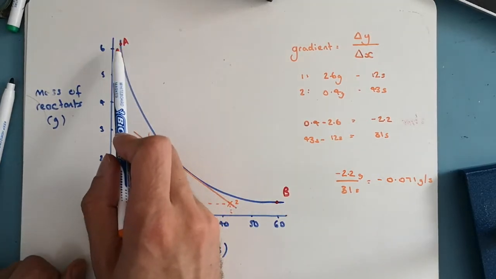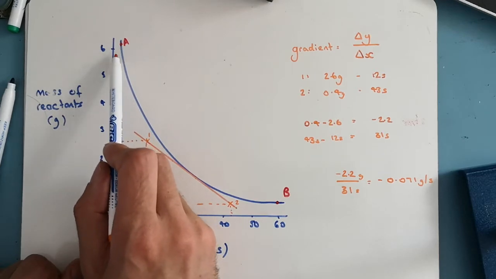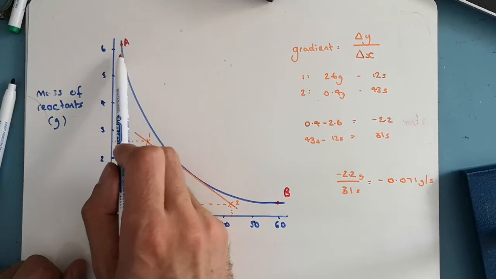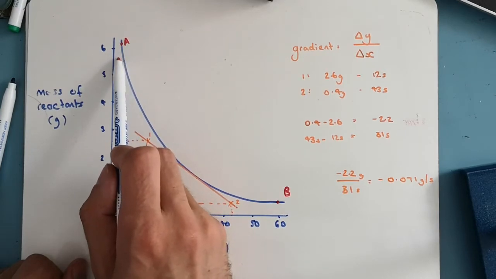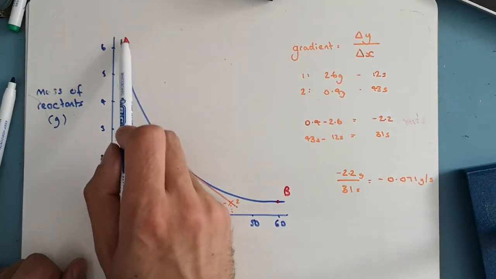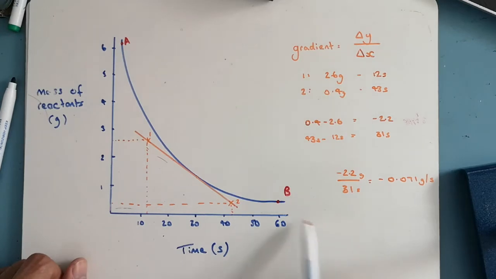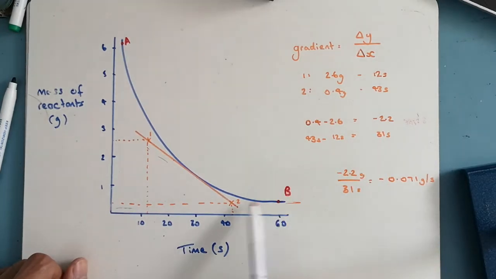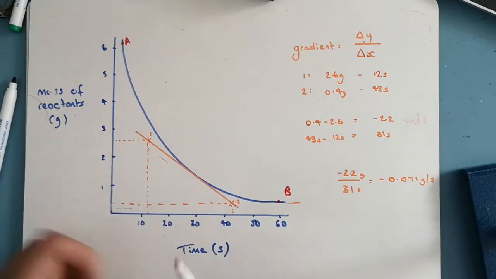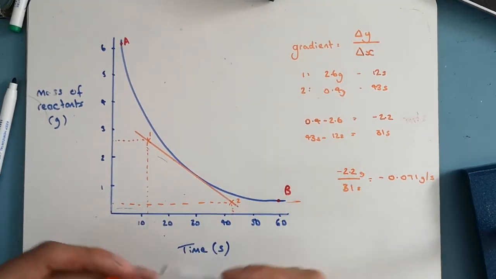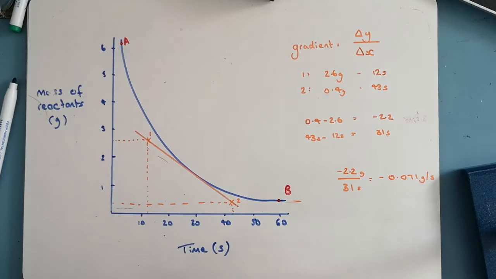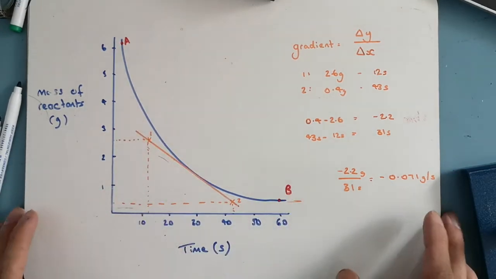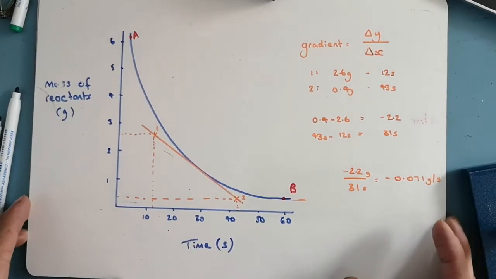At point A, this will be much higher, so you'll get a much more negative value, so it might even be minus 1 gram per second up here, and at B, it'll be very nearly 0 because it's not changing in mass at all. So the top part of this equation will just be 0, the change in y. So that is how you calculate the gradients from the graphs.